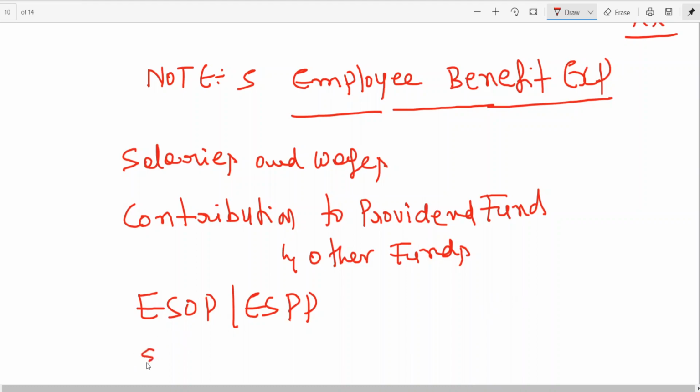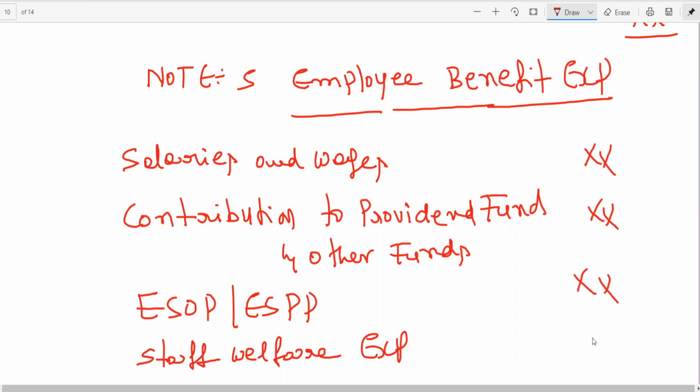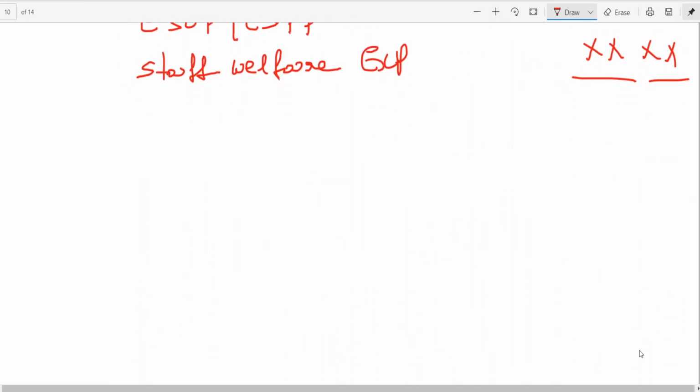Then employee staff welfare expense. In simple words, any expenses related to employees will be taken into this. First column is current year, second column is previous year. You all are aware of that.